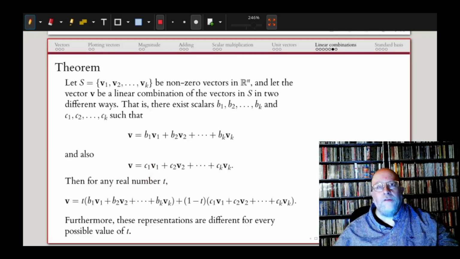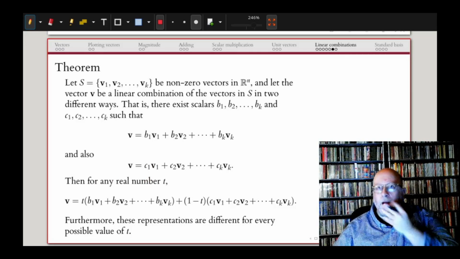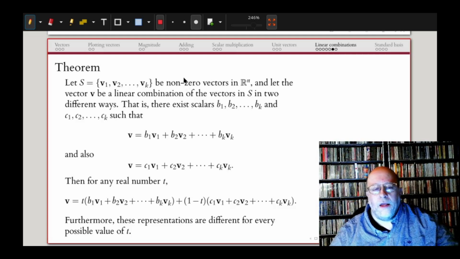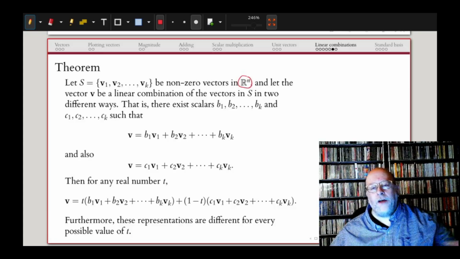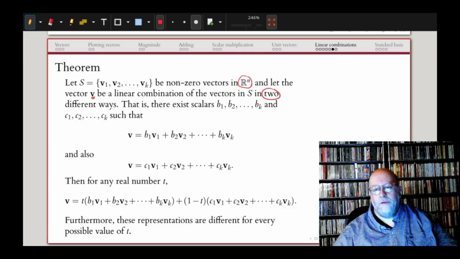This next theorem is a little complicated, but I'll walk you through it. We're going to start out with a set of vectors that are all in Rn. That means all of the vectors in our set have the same number of components. And we have a vector that is a linear combination in 2 different ways. So we've already seen 2 examples of a vector that is a linear combination of another set of vectors in 2 ways.